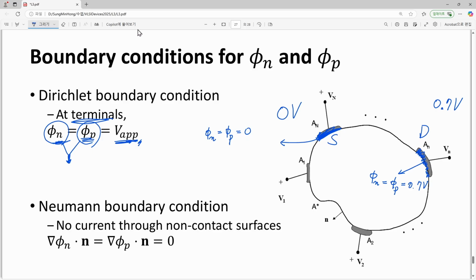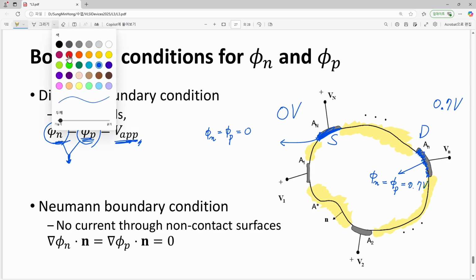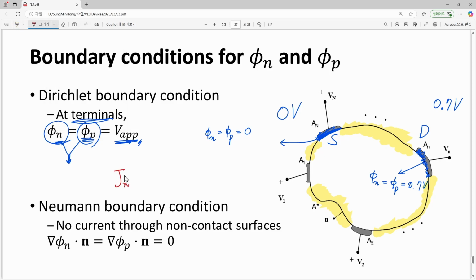And how about the other part? They are not contacts, and for example, for this part there is no contact and no current flux is allowed. So please note that the current is proportional to sigma n and gradient of phi n.